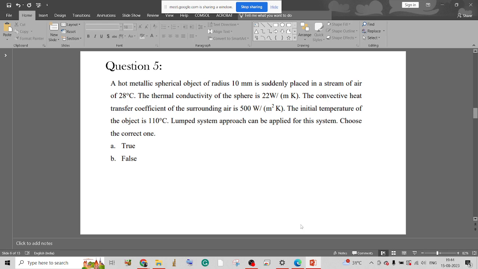The initial temperature of the object is 110 degrees Celsius. If this is a spherical object and its temperature is 110 degrees Celsius and ambient temperature is 28 degrees Celsius and the radius is 10 mm, the lump system approach can be applied for the system.